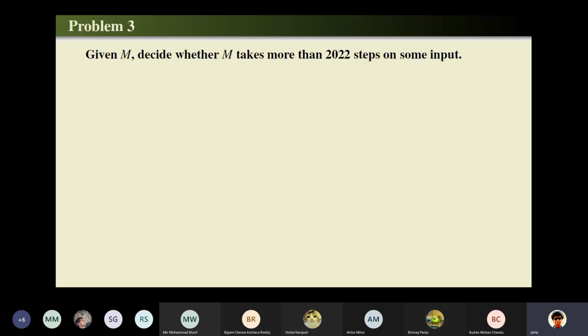Even the time sharing approach may run forever, because there are infinitely many inputs. Even if for all of these inputs the number of steps is less than or equal to 2022, you still cannot decide this in a finite amount of time because there are infinitely many inputs to consider.